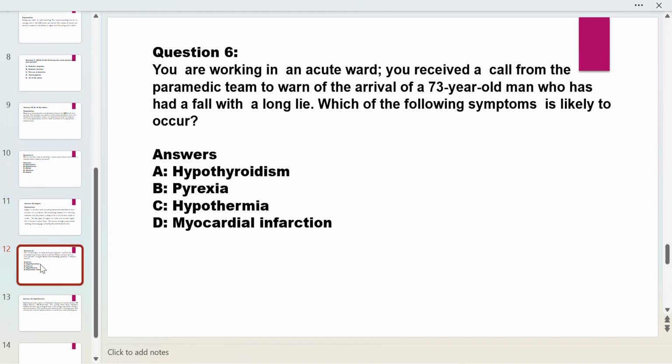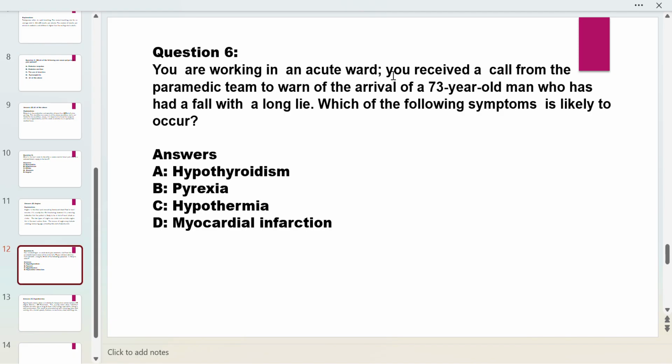And question 6 says, you are working in an acute ward.